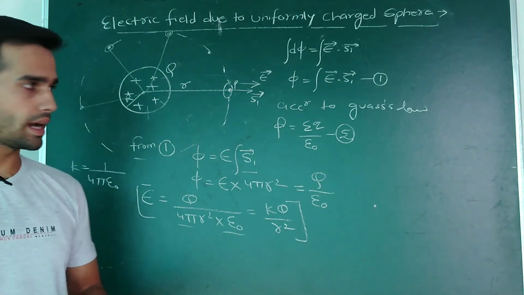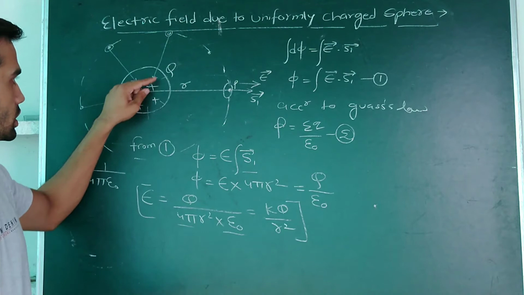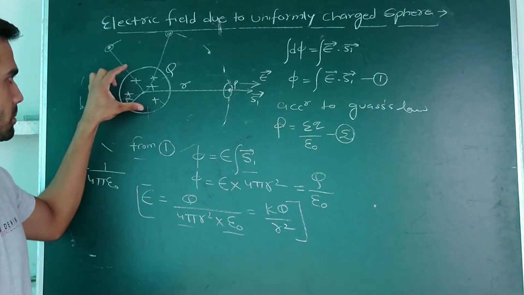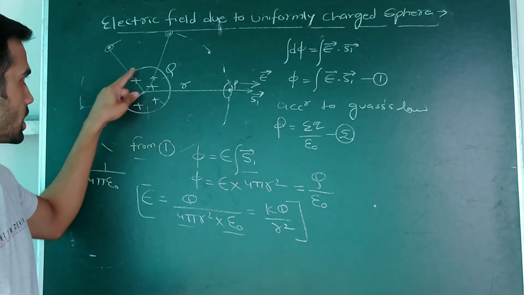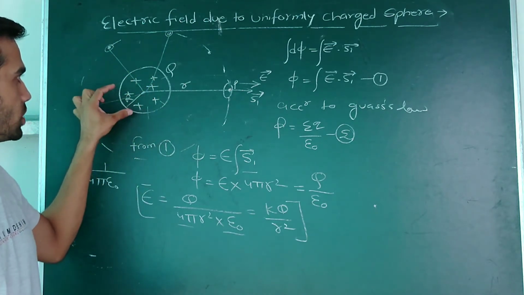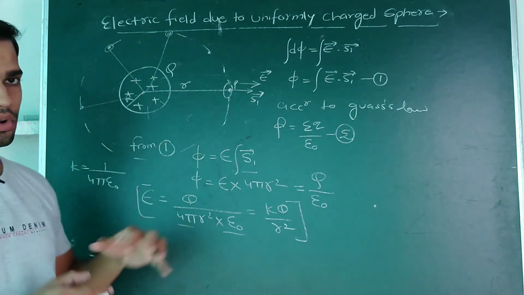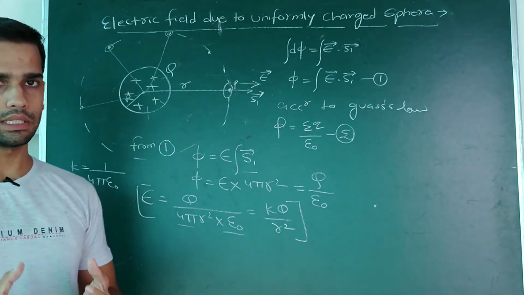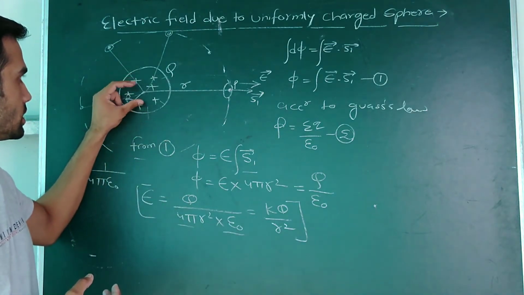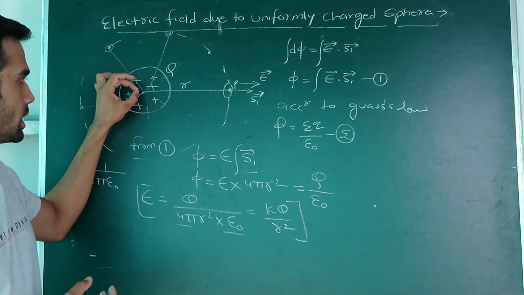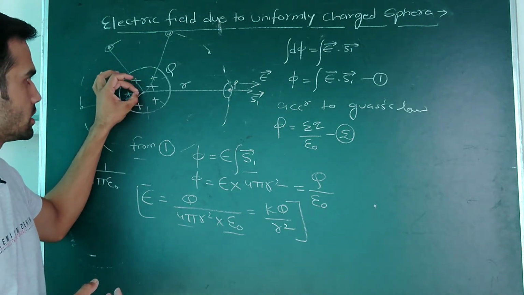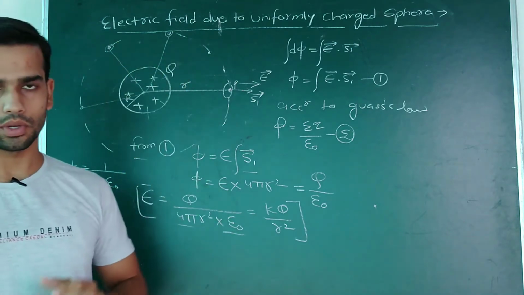So we can say that the charge distribution here can be considered as a point charge. We can consider that the total charge, which is equally distributed in the whole volume of this sphere, is situated at the center. So the electric field due to a point charge becomes KQ upon r square.